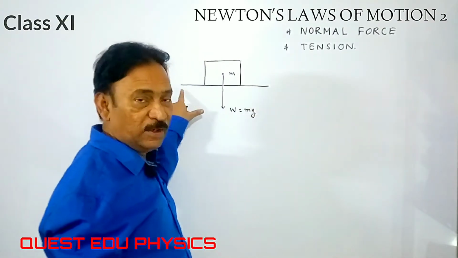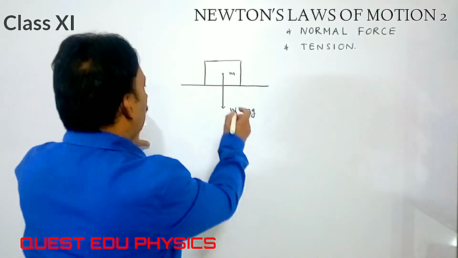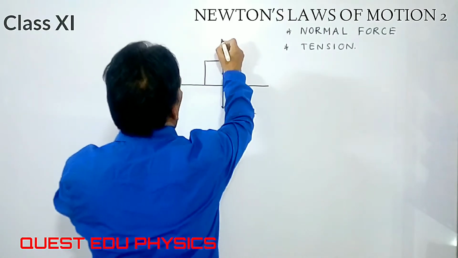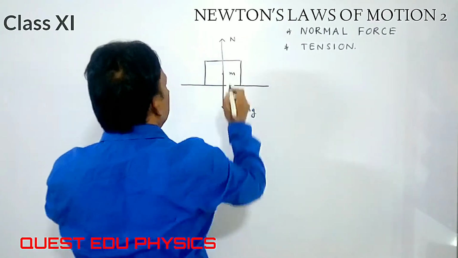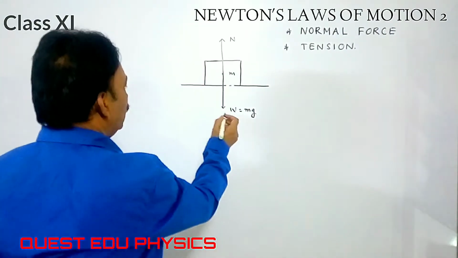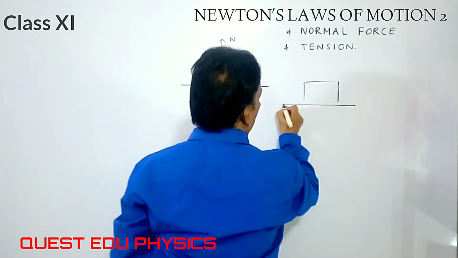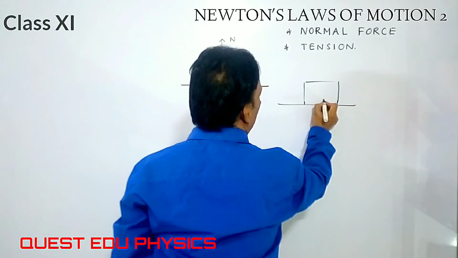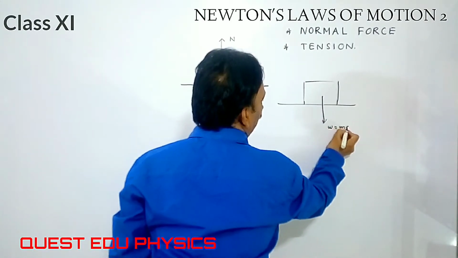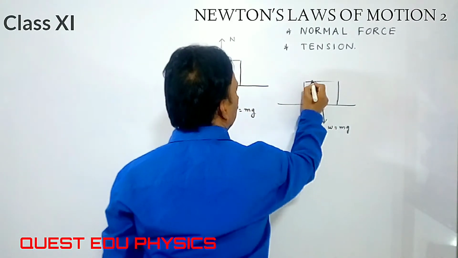This mass is causing some force on the surface. Immediately the surface responds to this action, and this is the direction of the reaction. Call it N. N is the reaction. If the body is kept on the surface, the weight of the body acts in this way as the action, and immediately a force acts in the opposite direction, which is the reaction.